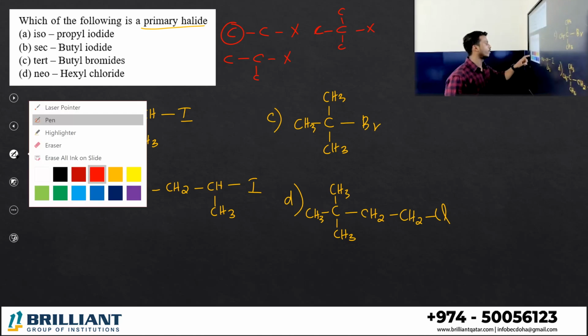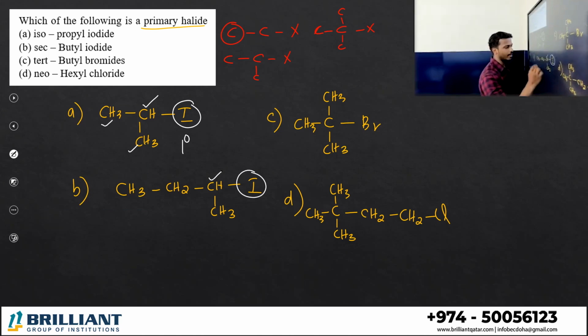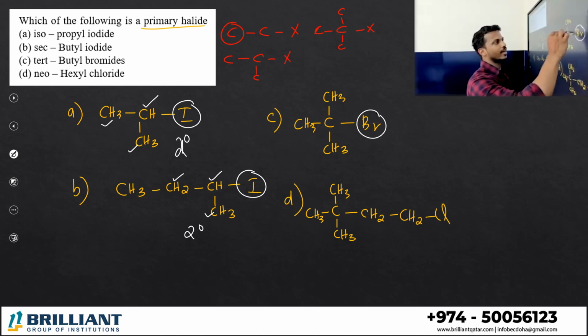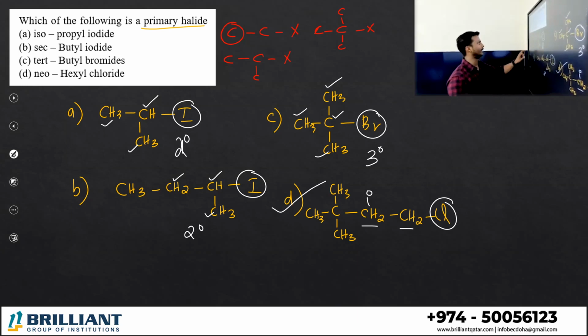See the first compound here: halogen-connected carbon directly connected to 2 carbons, so secondary. Option B, halogen-connected carbon directly connected to 2 carbons, secondary. Option C, connected to 3 carbons, tertiary. Here the halogen-connected carbon is directly connected to 1 carbon, primary. Answer is option D, neohexyl chloride.